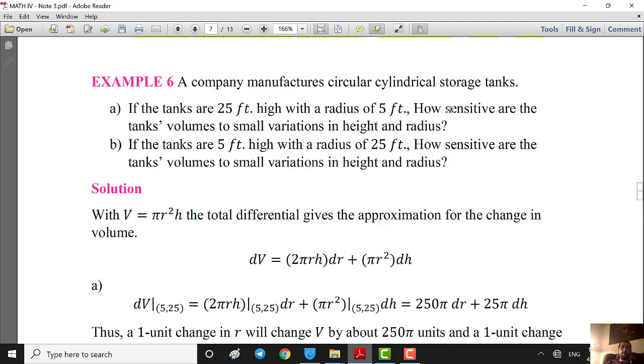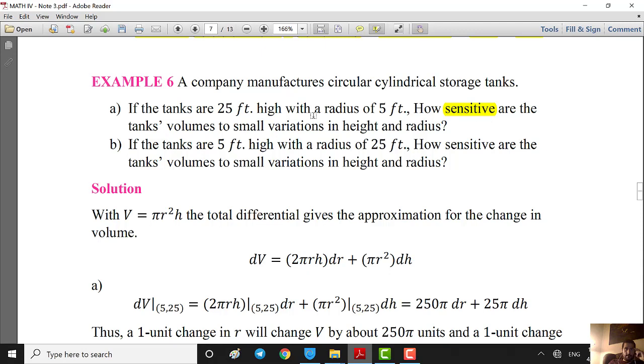Now, in this example, I emphasize the word sensitive. We're going to go back to it and see what it means. And part B says if the tanks are 5 feet high with a radius of 25 feet, now how sensitive are the tank's volumes to small variations in height and radius?